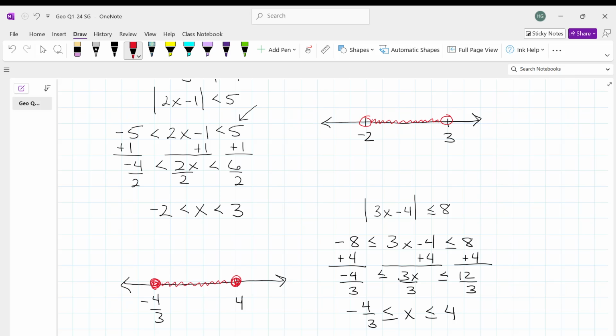All right, sorry about the mix-up there. Everybody okay with those types of inequalities? All right, then the last type of inequality you're going to see today is when the absolute value is greater than, or greater than or equal to.